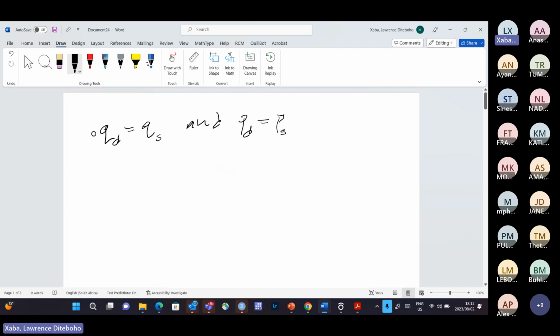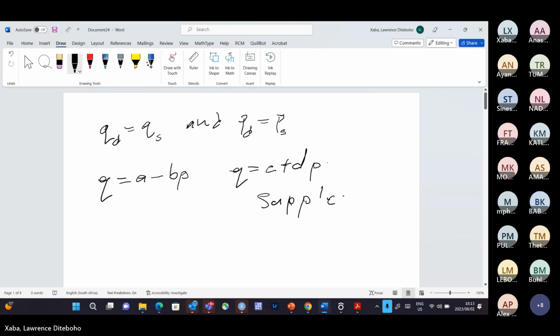This is our equation where we have A minus B, and we have Q equals to C plus D P. This is the supply, and here we have demand.